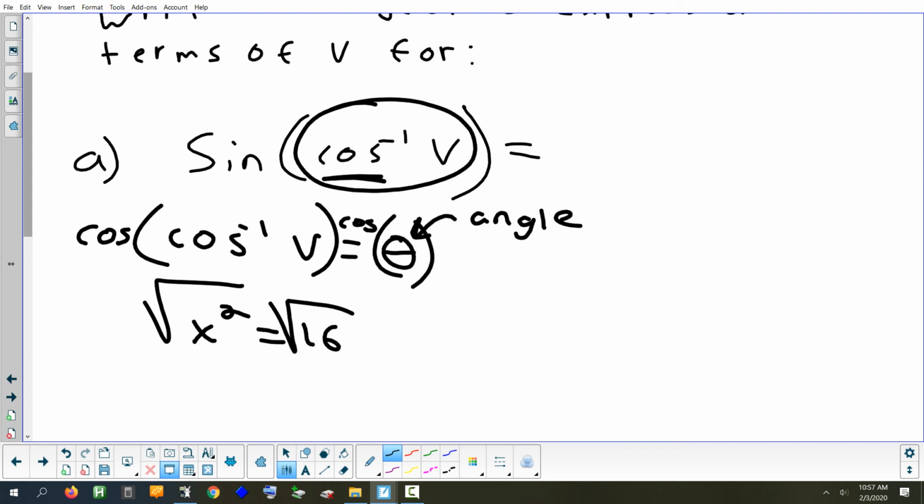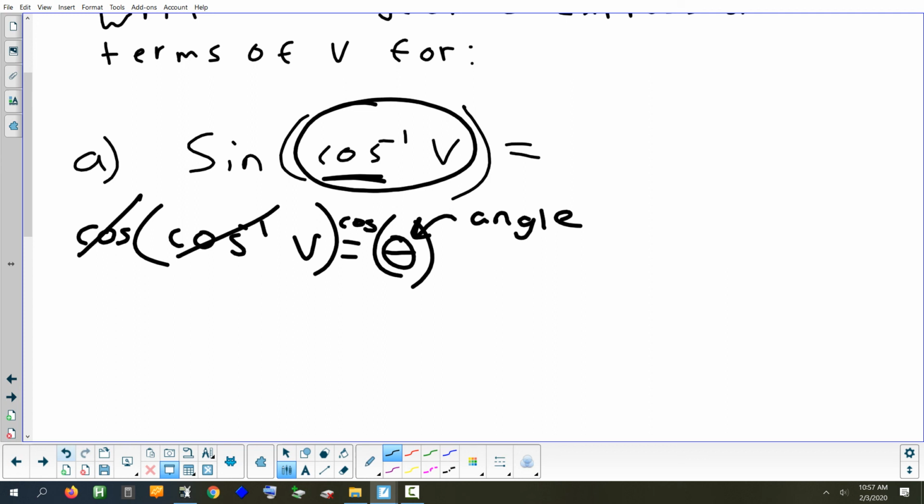It's exactly the same thing I did up above. Took the cosine here, took the cosine here. Did it to both sides. Now, if I put that back for a second, square and square root cancel. Cosine and inverse cosine cancel. So now you're left with another equation that says V equals cosine theta.